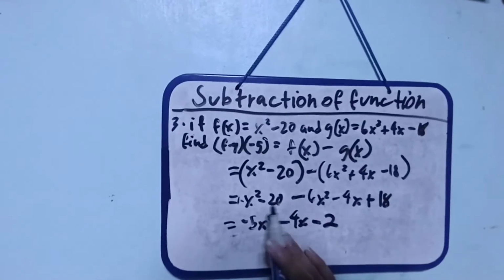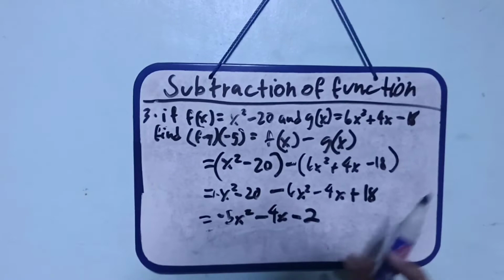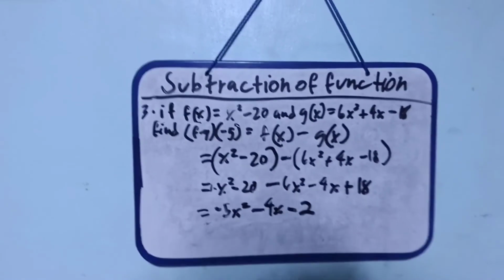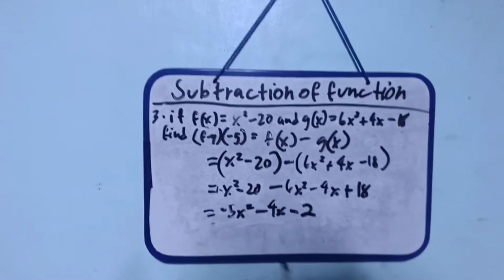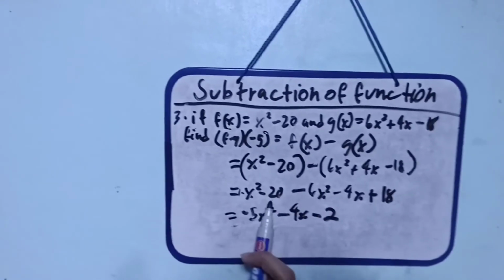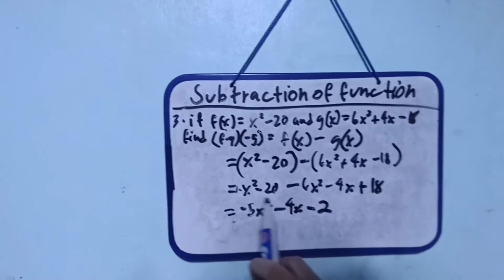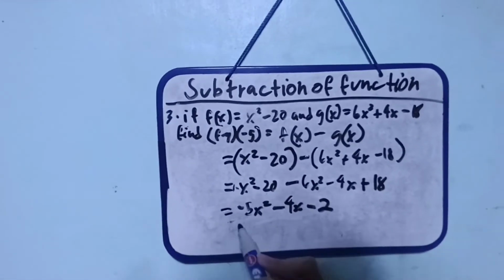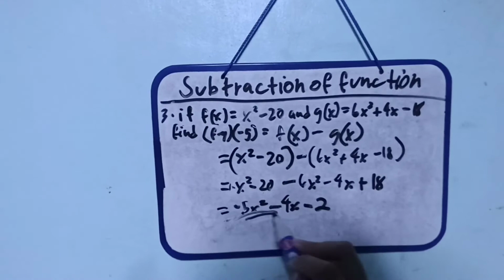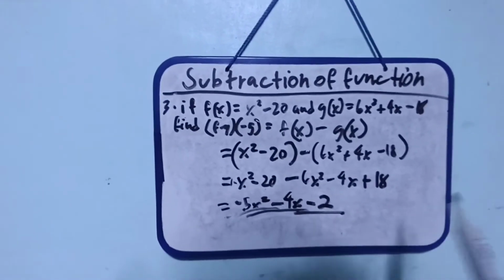Kasi, positive 20 to, and this one is negative 20 to, and this one is positive 18. Both different ng sign, so magsusubtract tayo, and naging negative 2 kasi kinapin natin yung higher value na may sign, which is negative 20. So here is our final answer. 5x squared minus 4x minus 2.